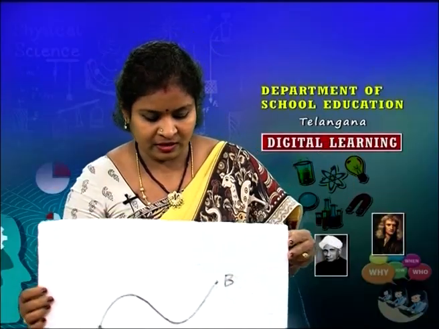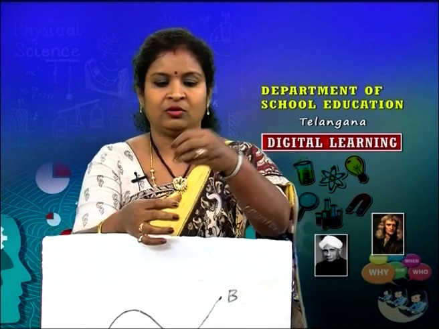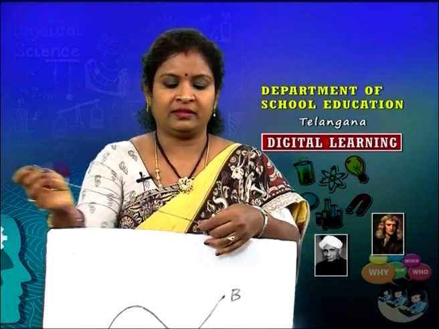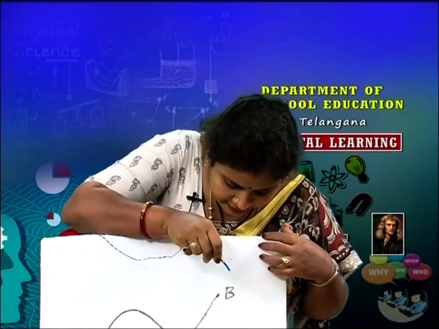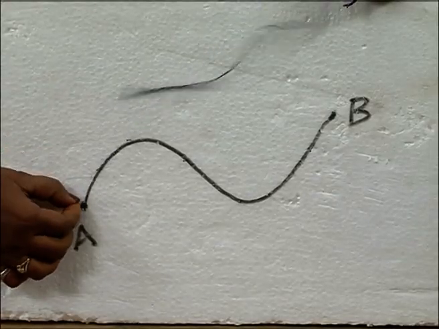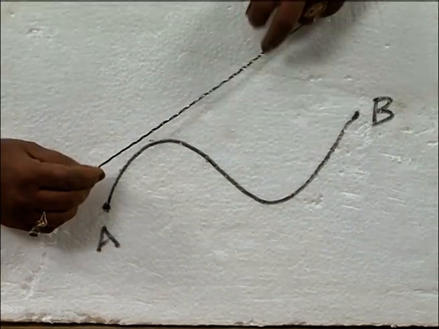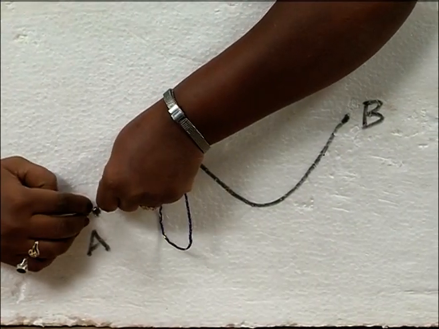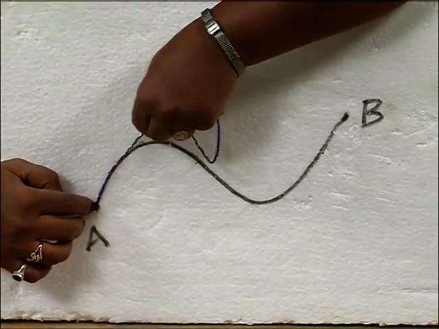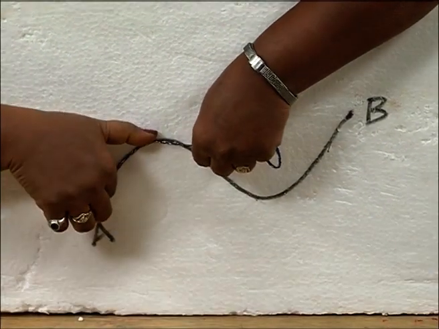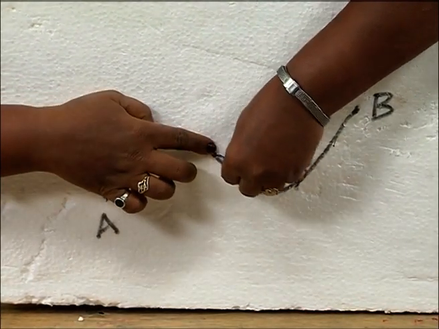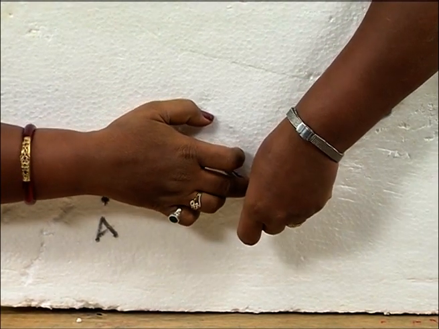See here, children, I am going to put the end of a thread at a point A, and keep on holding it as the shape of the curve is.